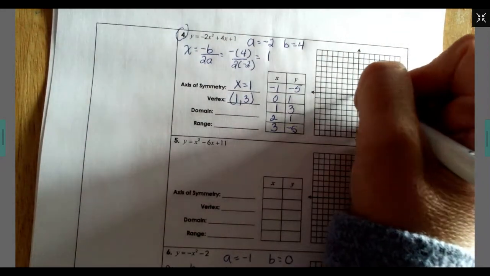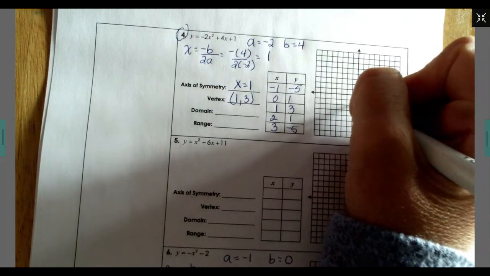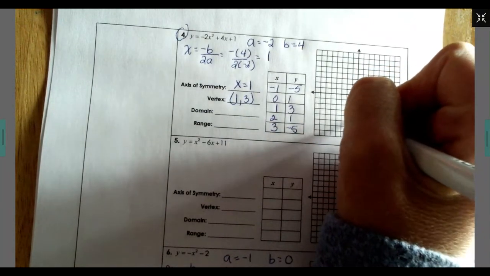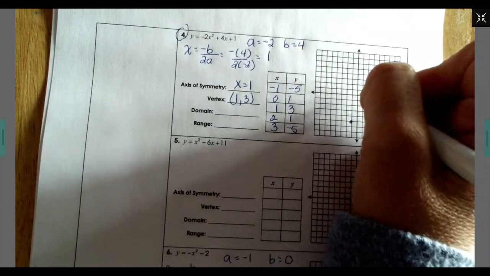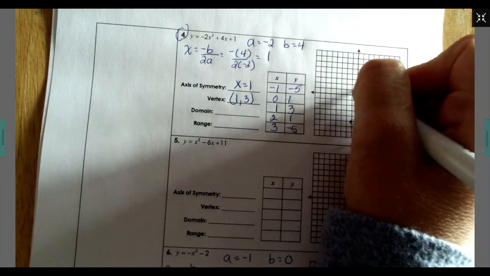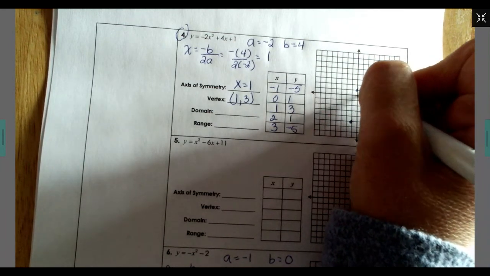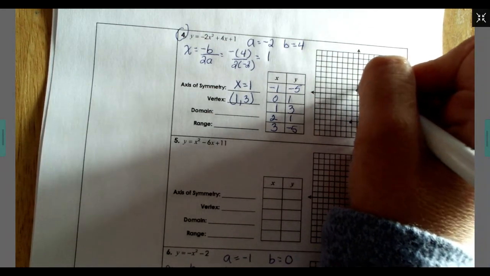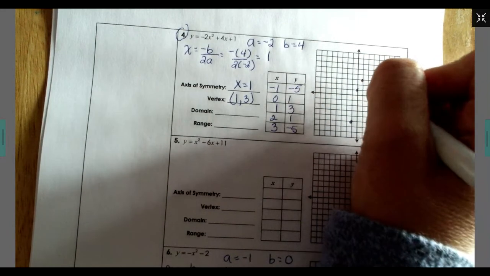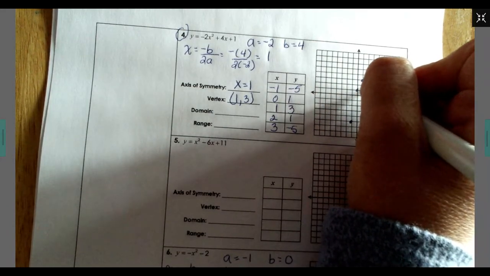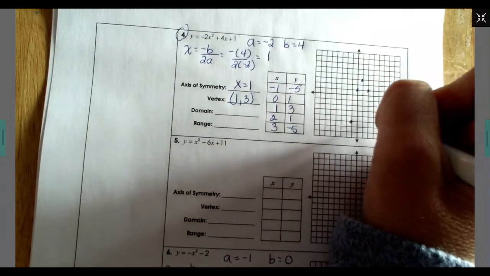So we go over left 1 and down 5. Then we have 0, 1. Then we have 1, 3. Then we have 2, 1. Then we have 3, -5.